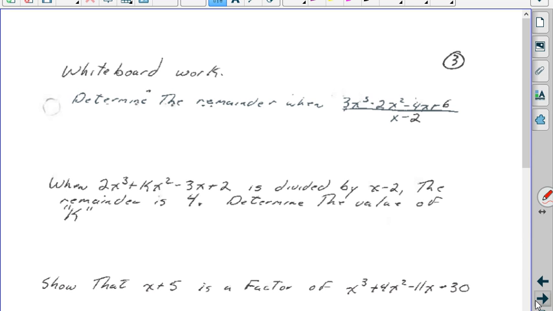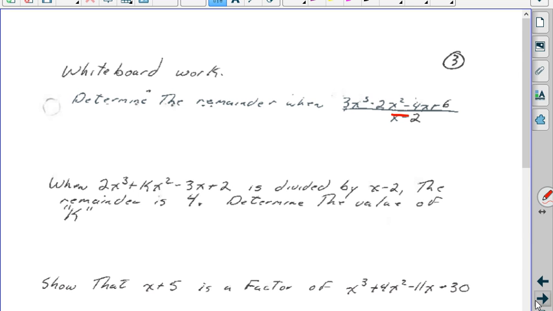So I would like you, before we go on, is there any questions on the factor theorem? The factor theorem is where we're going to start. I'm going to give you that polynomial. I'm going to ask you what are the factors of that polynomial. I'm not going to give you what I'm dividing it by.